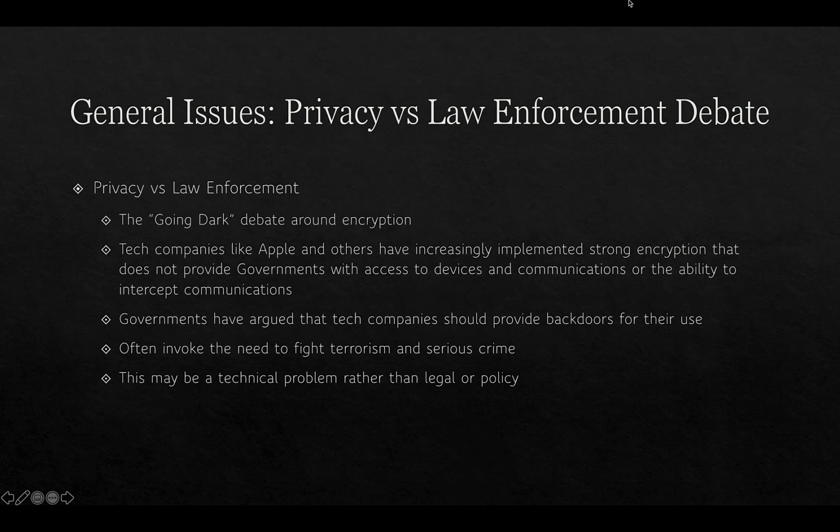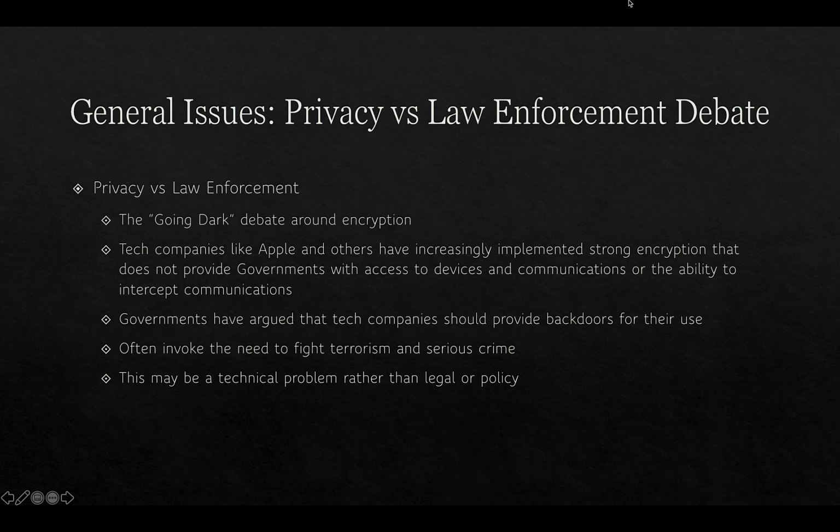Tech companies like Apple and others have increasingly implemented strong encryption, and that does not provide governments with access to devices and communications, or the ability to intercept those communications. This is often invoked in the need to fight terrorism and serious crime, child pornography being one of them.